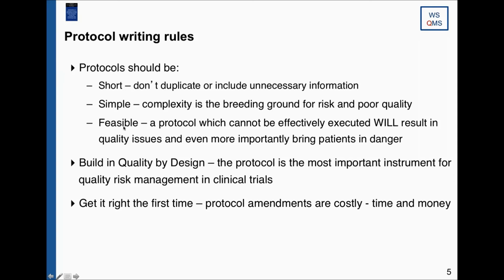Now, a protocol should also be feasible. A protocol which cannot be effectively executed will result in quality issues. Feasible means that certain aspects you have listed in your protocol can actually be carried out and are not wishful thinking.